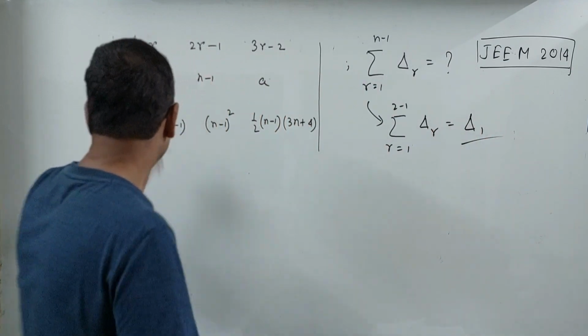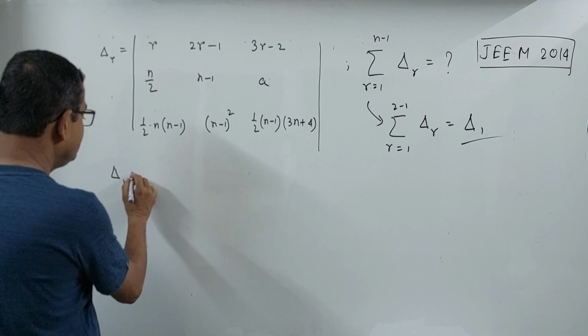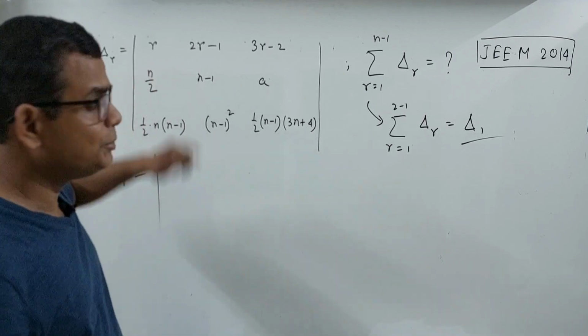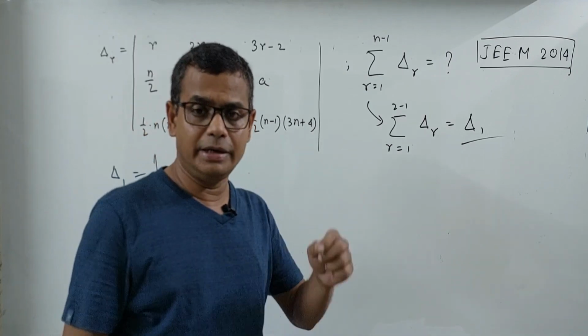Now, del 1, we have to put r equal to 1 and n equal to 2.